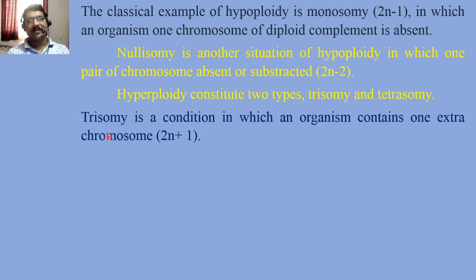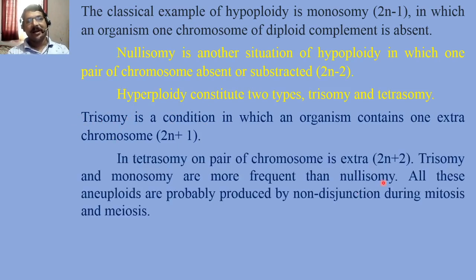But the condition is somewhat in contrast here. In trisomy one chromosome gets added, and in tetrasomy two chromosomes get added, meaning one complete pair of homologous chromosomes gets added. Then it is known as tetrasomy. So hyperploidy has two types, trisomy and tetrasomy.